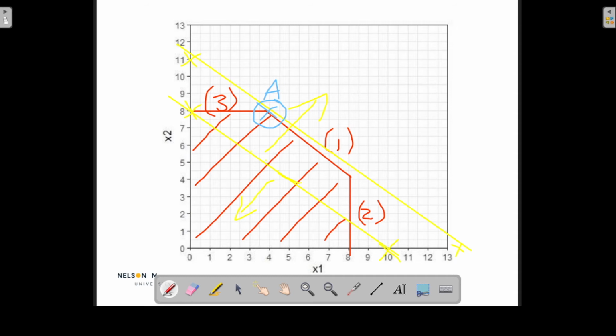Now, how do we find the value of x1 and x2? We do that by setting my two restrictions 1 and 3 equal. Why is that? Because point A is at the point where these two restrictions intersect. So to find x1 and x2 at point A, we will set restrictions 1 and 3 equal.